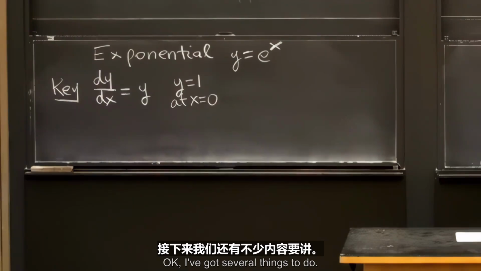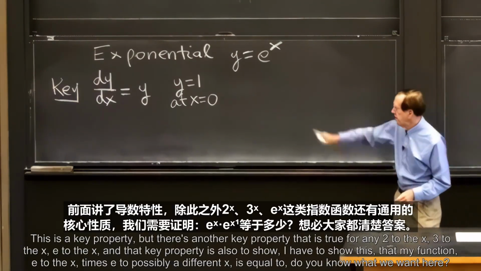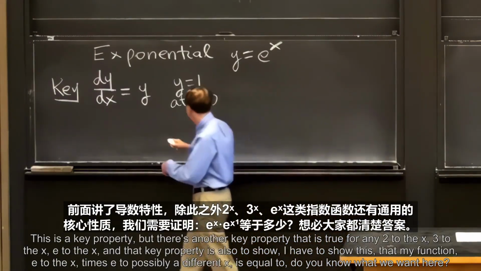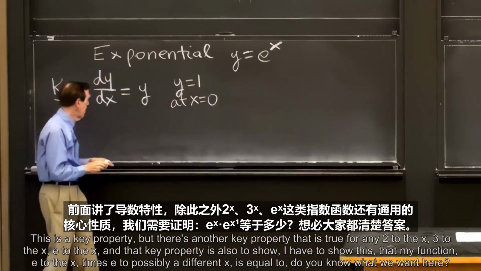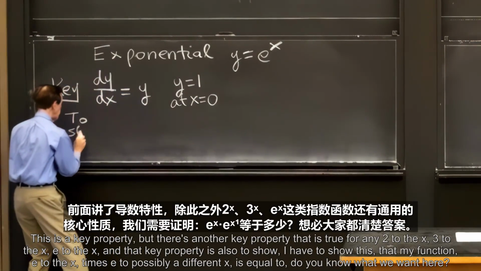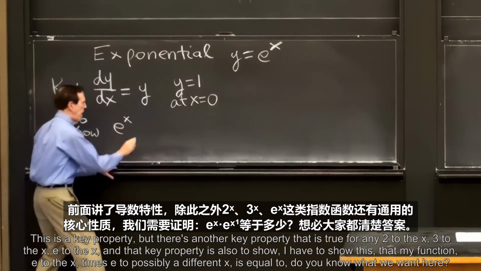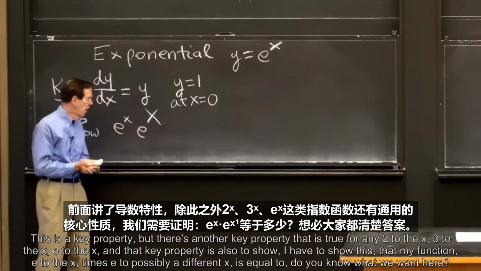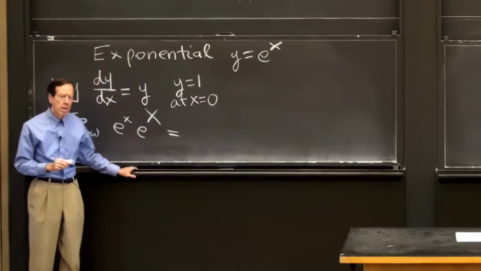Okay, I've got several things to do, and one more thing I have to do. This is a key property, but there's another key property that is true for any 2 to the x, 3 to the x, e to the x. And that key property is also to show, I have to show this, that my function, e to the x, times e to the possibly a different x, is equal to, do you know what we want here?